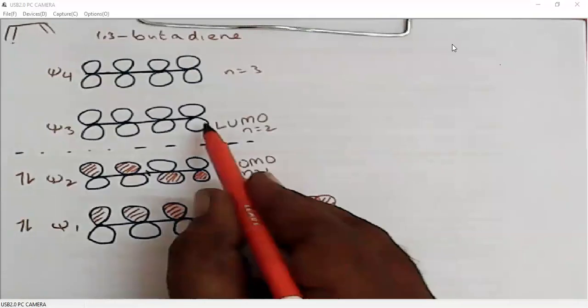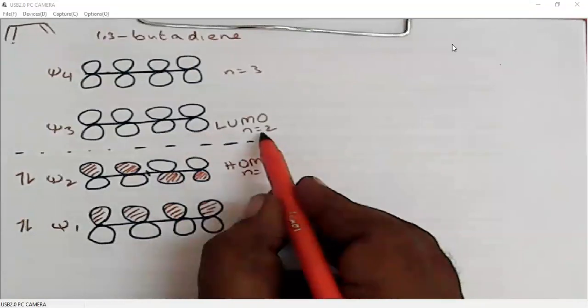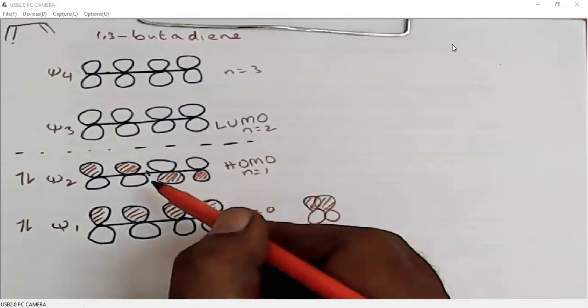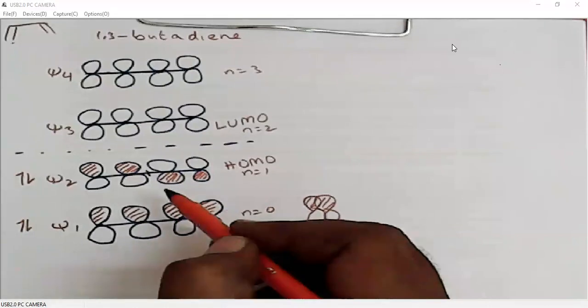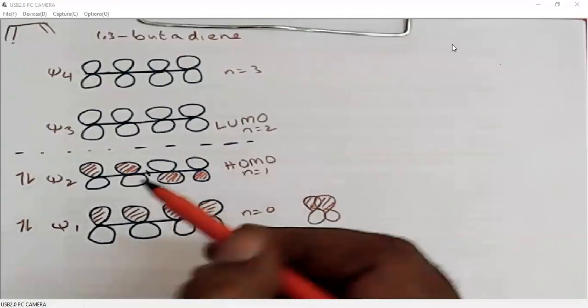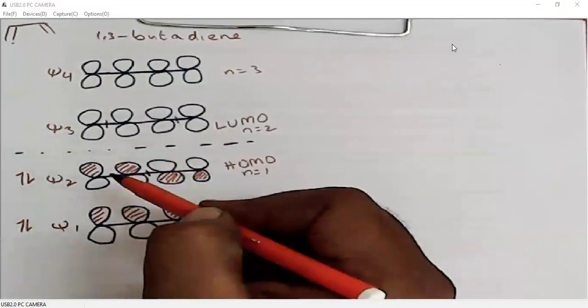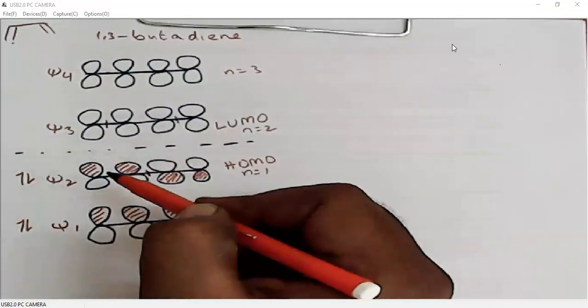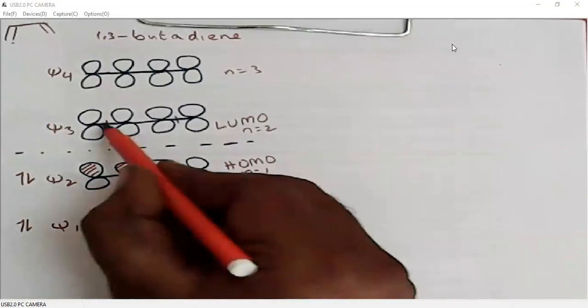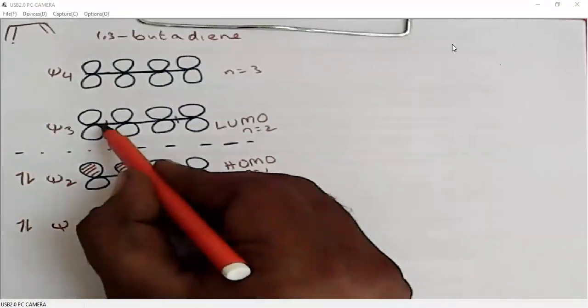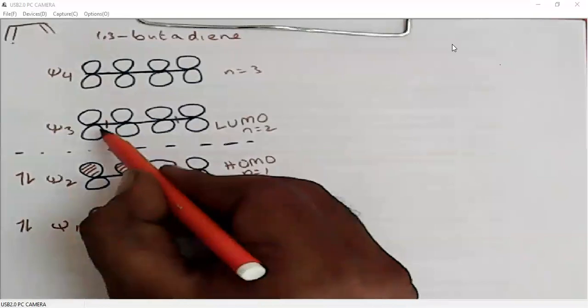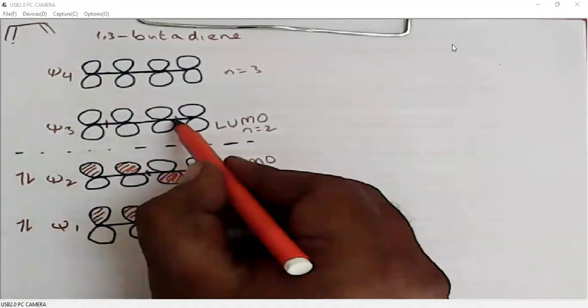We have 2 nodes here, which must be distributed equally. When we distribute the nodes, you start from the extreme ends. That means one node here and one node here, one node after one orbital at each end.